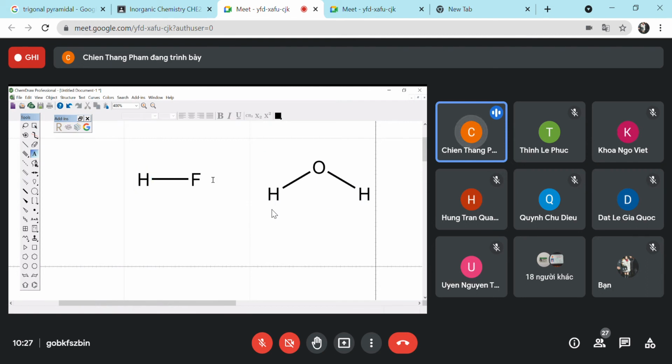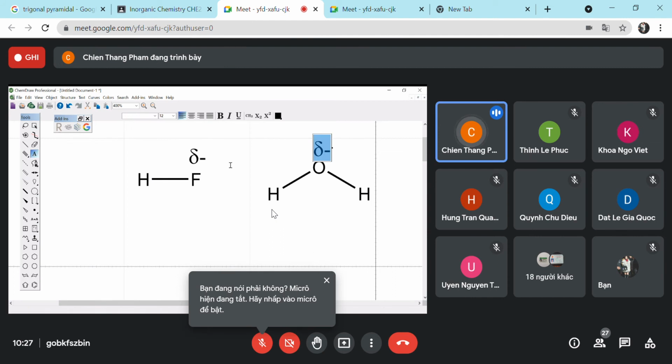Because oxygen and fluorine, both of them are electronegative elements, as I have mentioned. So in HF, there should be a partial negative charge on fluorine, the same with oxygen.